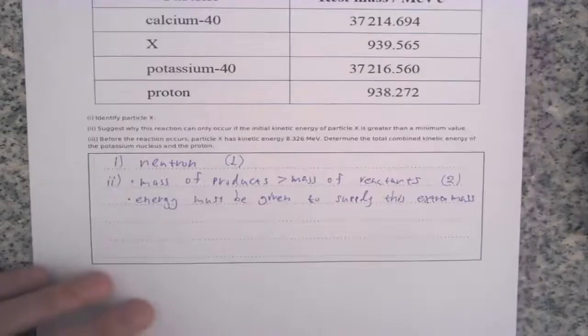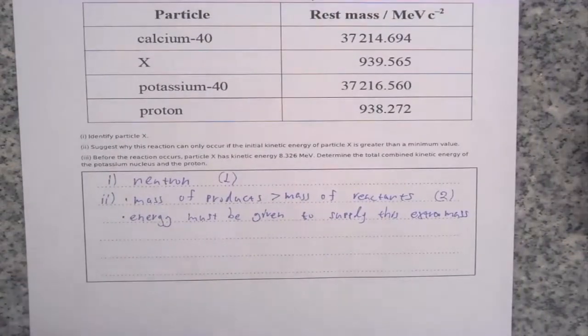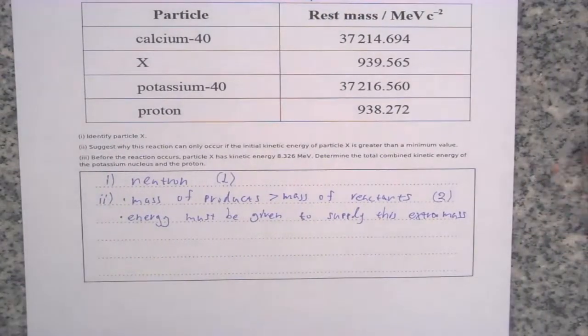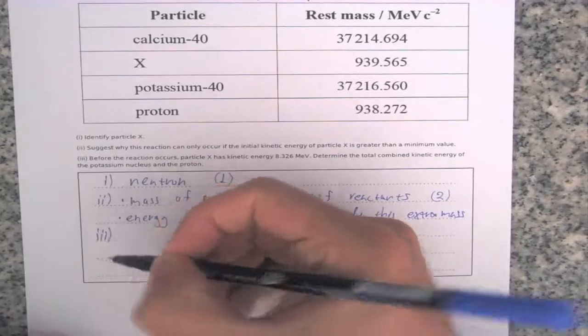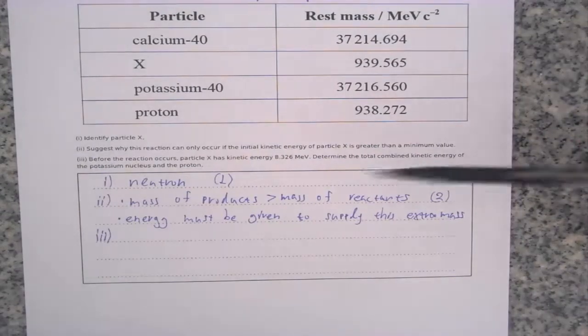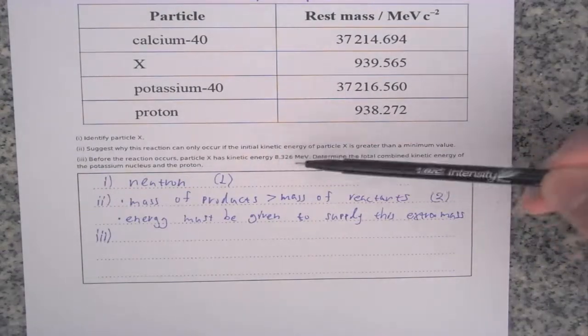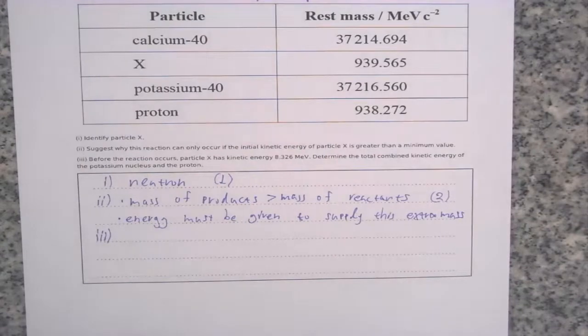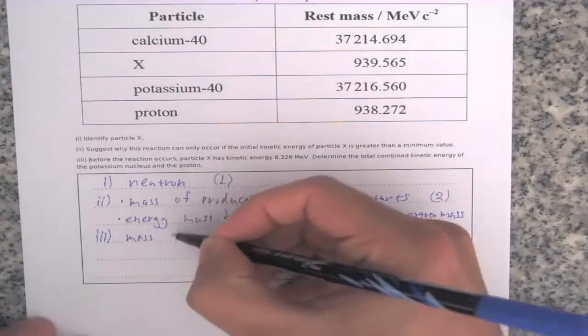And now let's see the last one, number 3. It says, before the reaction occurs, particle X has kinetic energy of 8.326 MeV. Determine the total combined energy of the potassium nucleus and the proton. What we need to do is calculate the energy required for this reaction, and then see the difference between the initial kinetic energy and the energy required. First, the mass defect.